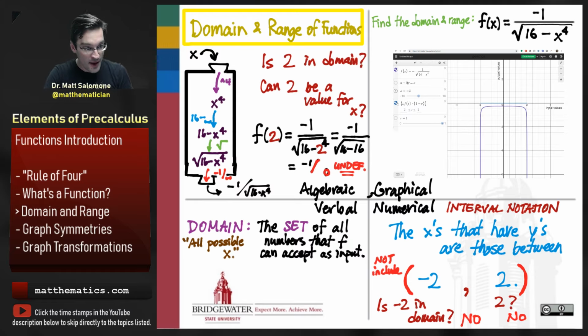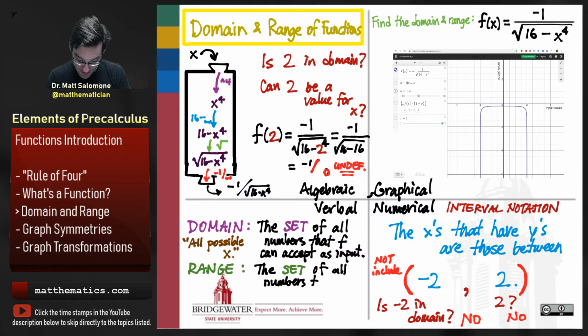So if that's how domain works, what's the flip side of that coin? Okay, what's the range? Well, as you might expect, range is also a set. So the answer to a range question is never a number, but it's a collection of numbers. It's the set of all numbers that f can produce as output, rather than accept as input.